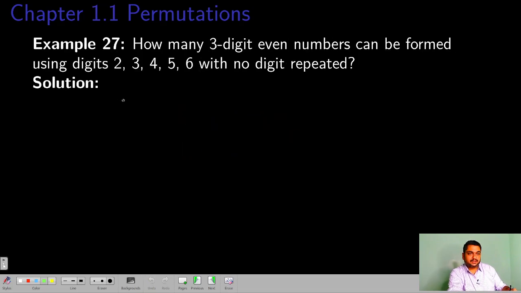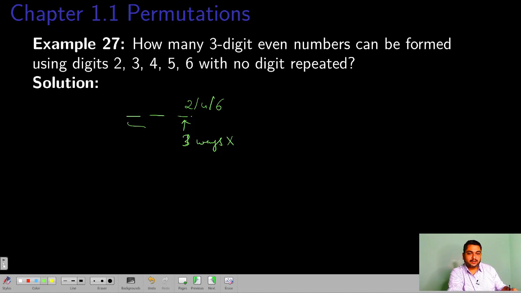Now, how many 3-digit even numbers can be formed using digits 2, 3, 4, 5, 6 with no digit repeated? So 1, 2, 3 digits. So 2, 4, or 6 can occur in the last place because it's an even number. So now if 1 occurs, this can be done in how many ways? 3 ways, right?